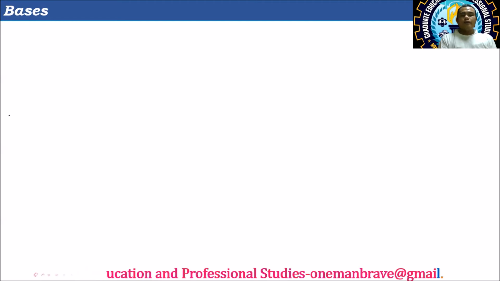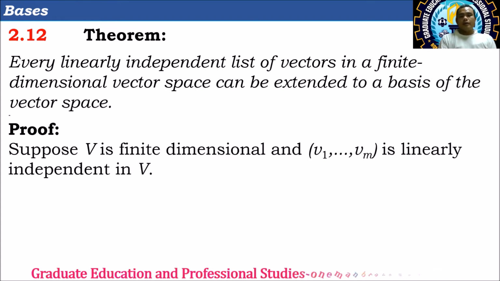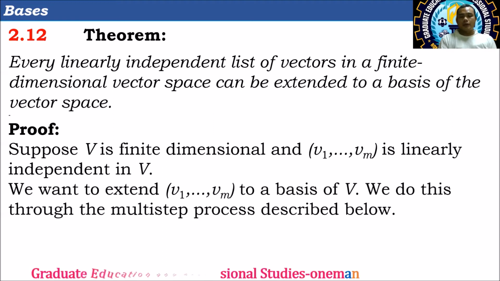Another one, we have: every linearly independent list of vectors in a finite dimensional vector space can be extended to a basis of the vector space. To prove that, suppose V is finite dimensional and v1, ..., vm is linearly independent in V. We want to extend it to a basis of V. We do this through a multi-step process as I describe below.